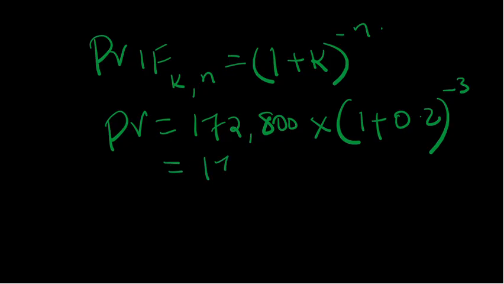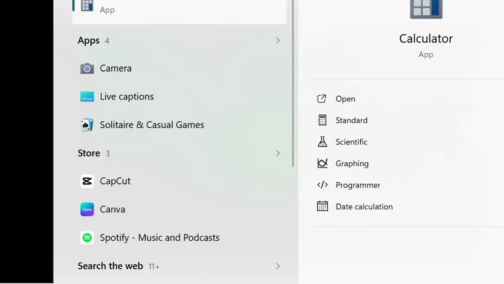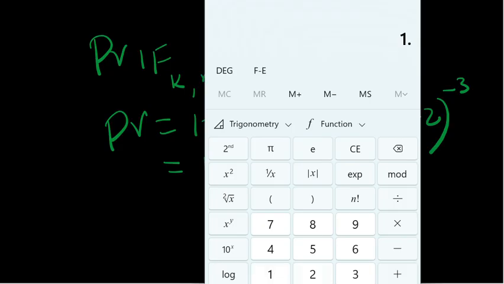And then of course this is 172,800 times 1.2 raised to negative 3. We can solve that. We can solve what is regarded as the present value interest factor. So 1.2 raised to negative 3.